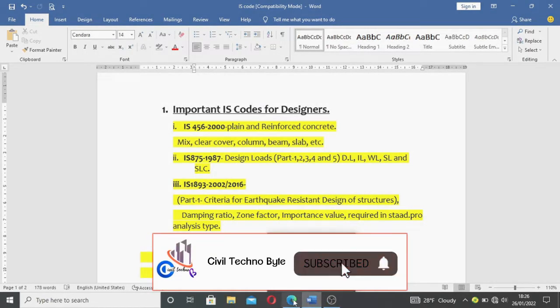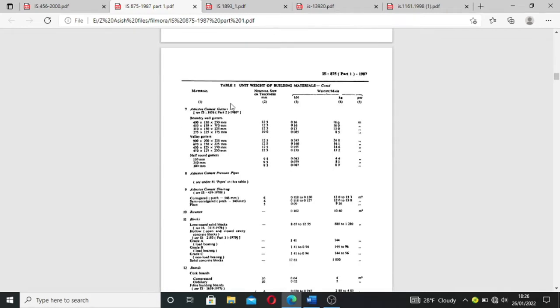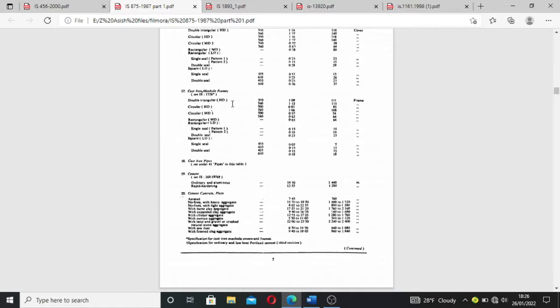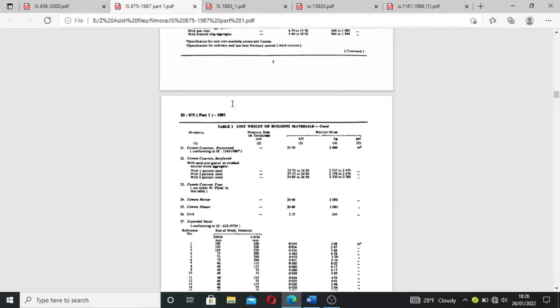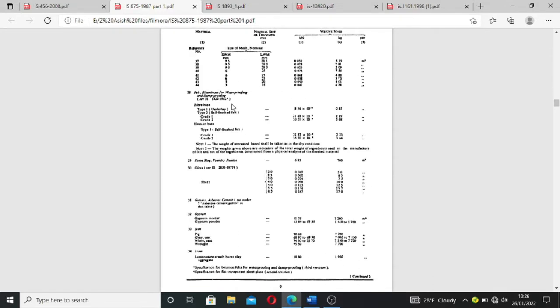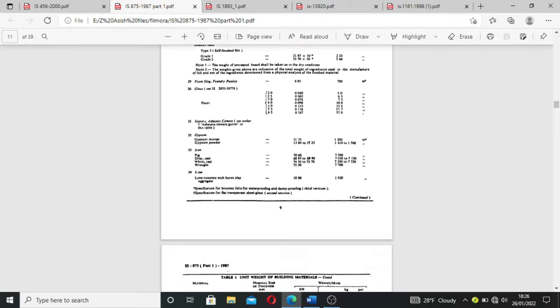Because IS 875 part 1 for dead load talks about the density of various materials. While designing and analyzing a structure, there might be bricks, timber, or AAC blocks, so you should know their density, and aggregate and granite stone also. For that, IS 875 is very important.